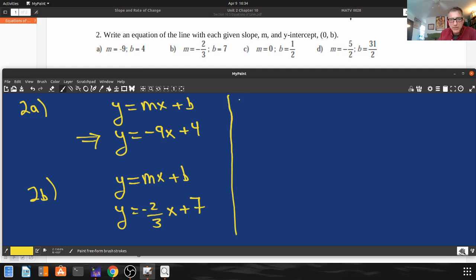Let's do 2c. Again, we start out with y is equal to mx plus b. And we're given that m is equal to 0 and b is equal to 1/2.